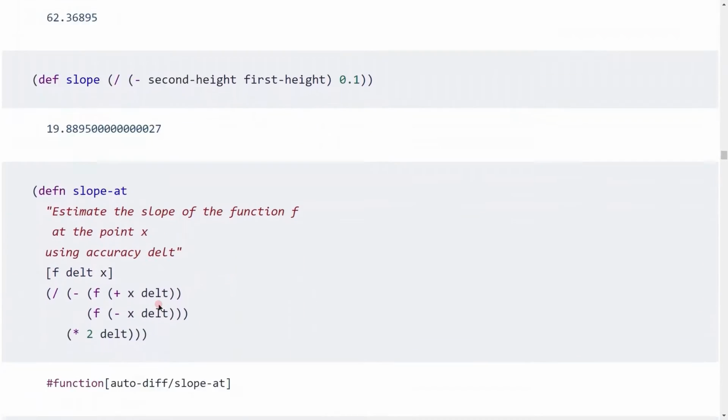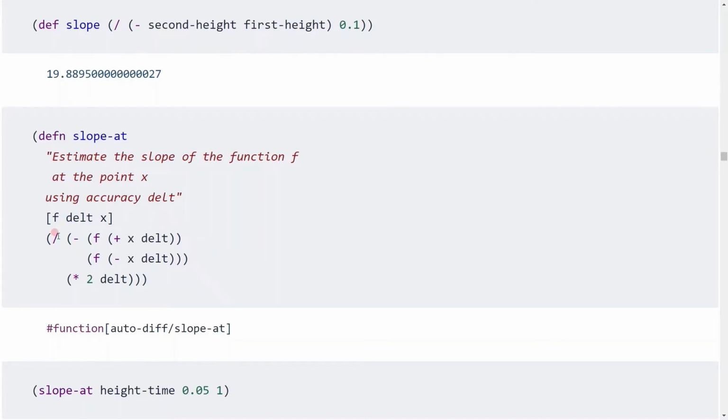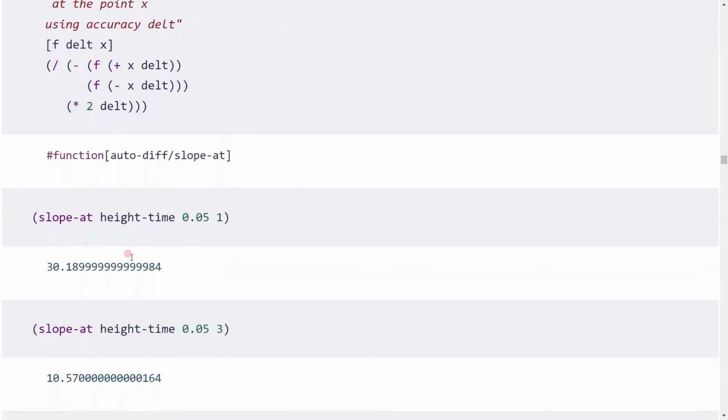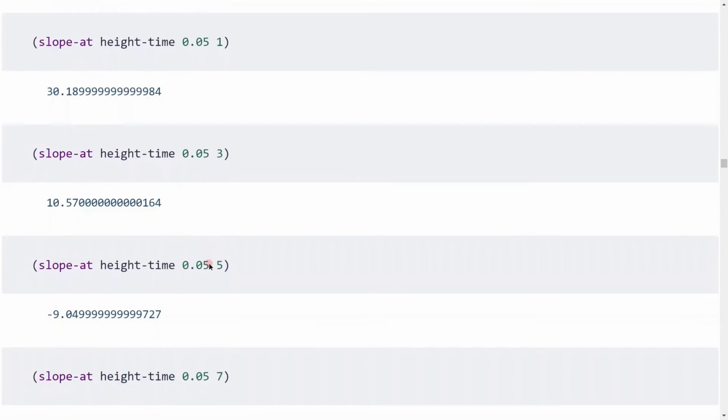We can generalize this to a slope at function, which takes any function, a small delta, and the point at which we want the slope. So calling our slope at function on the height time with a delta of 0.05 and a time of 1, we get 30. At a time of 3, we get 10.